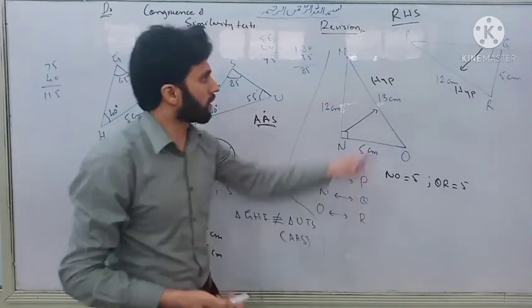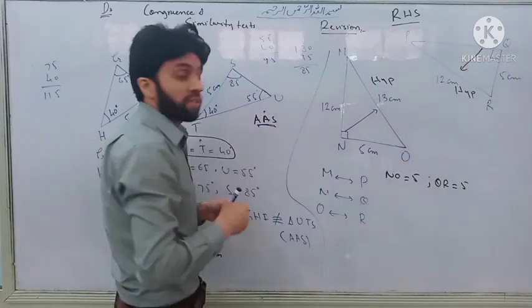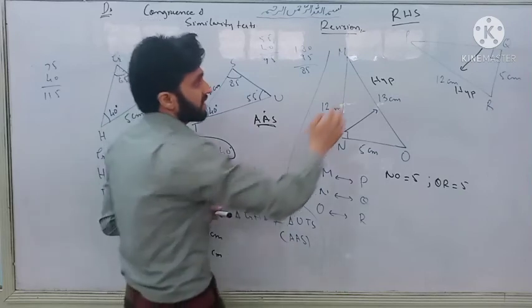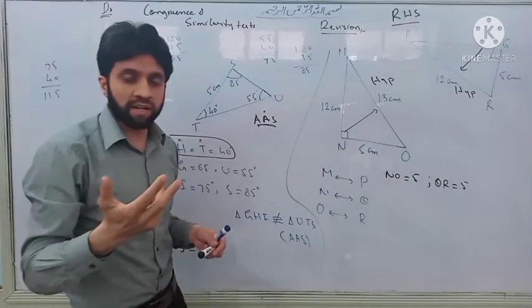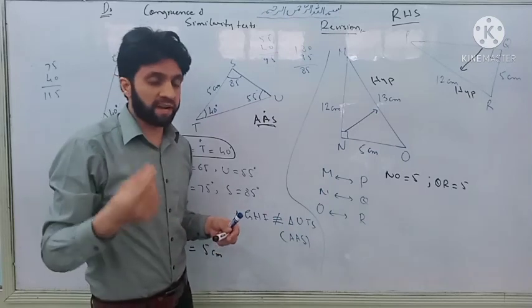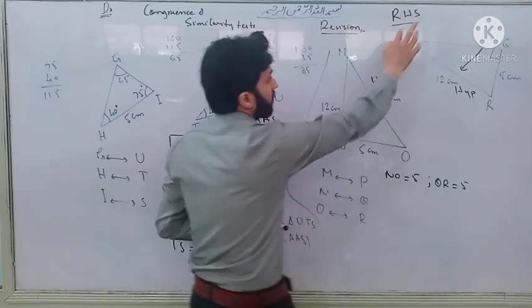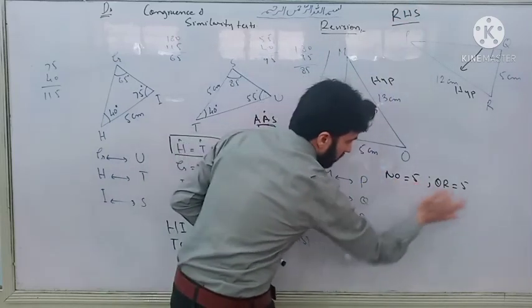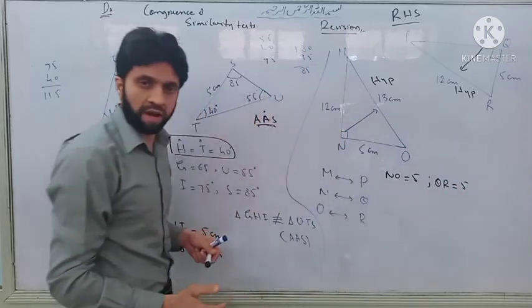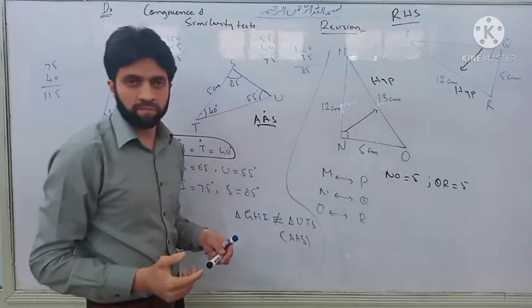So we do not need to find out PQ, because what does the test say? The right angle hypotenuse side test says that in both triangles there should be one 90-degree angle, the hypotenuse should be the same, and one corresponding side should be the same. So one corresponding side is the same, 5 and 5, but the hypotenuse is not the same.